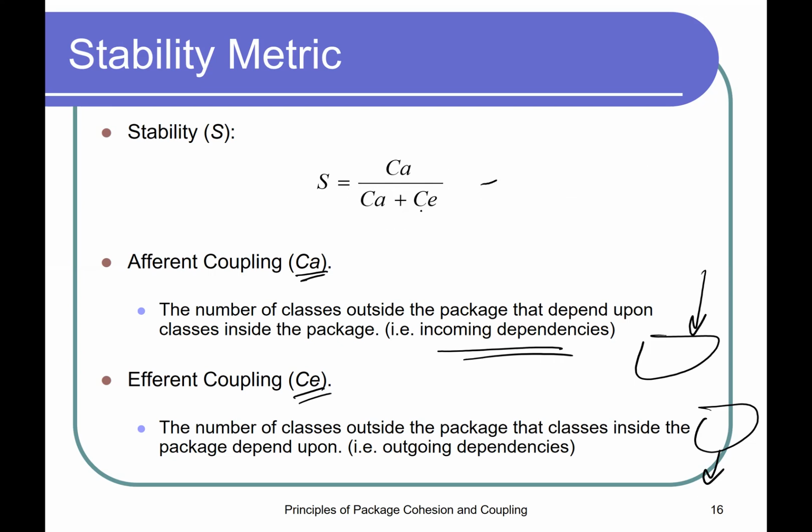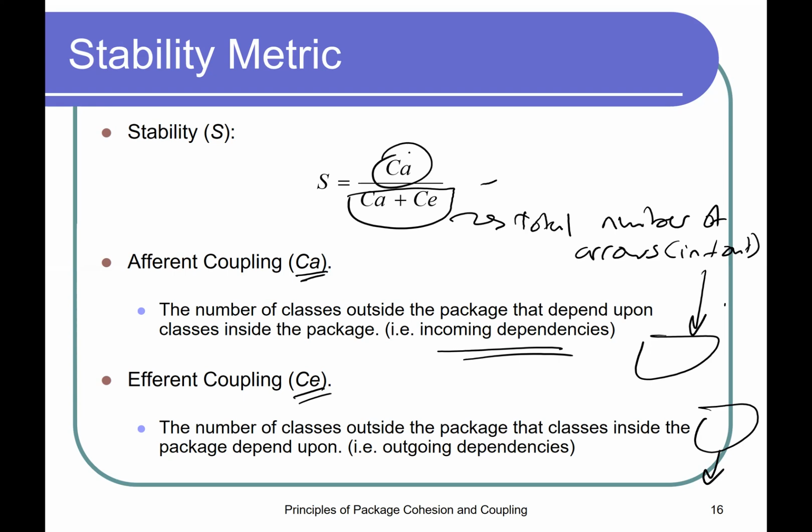So here at the bottom, guys, this is the total number of arrows in and out. This afferent is the one coming in. In other words, I am computing the percentage, the ratio of the ones coming in in comparison to the total number of lines.